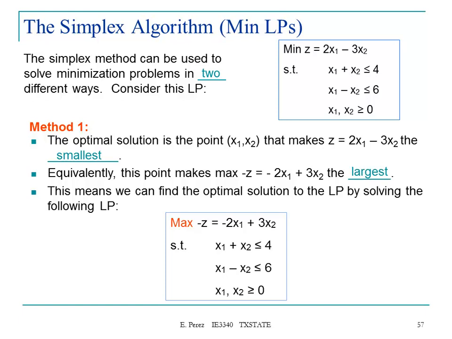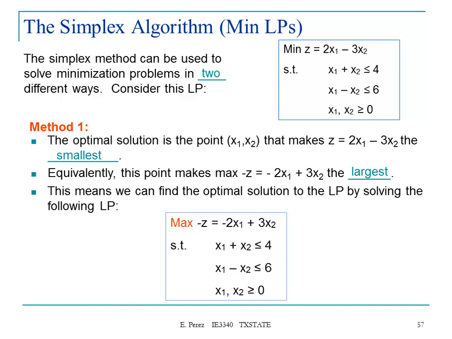Let's say we start with this problem. We want to solve this using the Simplex method. One way that you can do that is by transforming this objective function, multiplying it times minus 1, and solving the problem. Instead of looking for the minimization, you're going to maximize that objective function, which is equivalent.